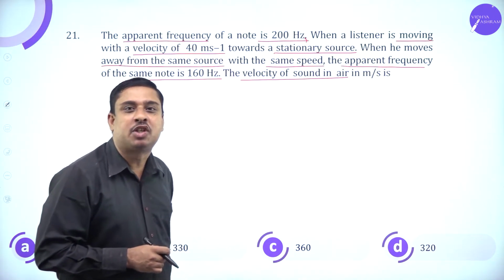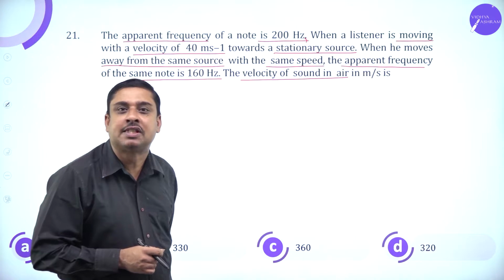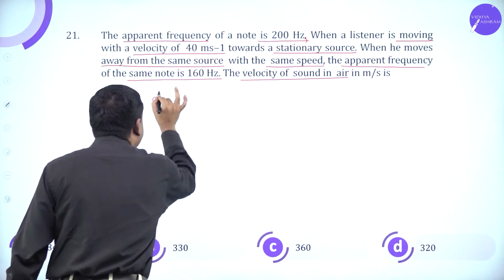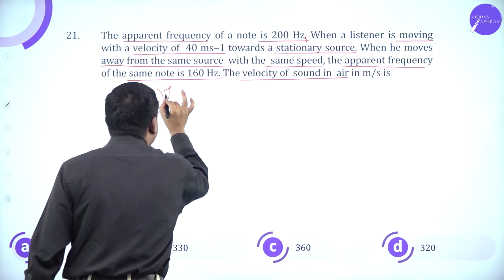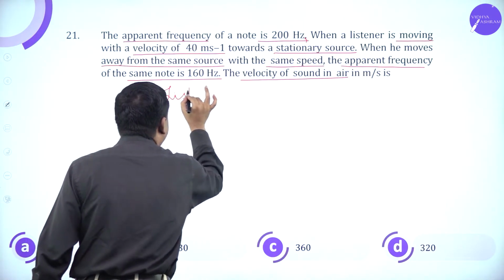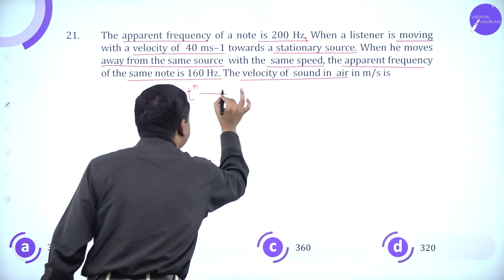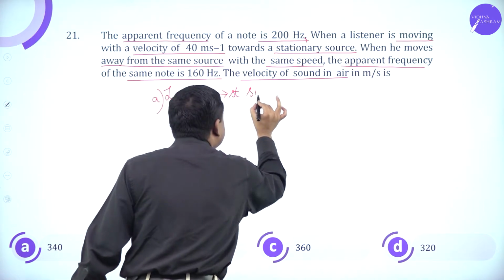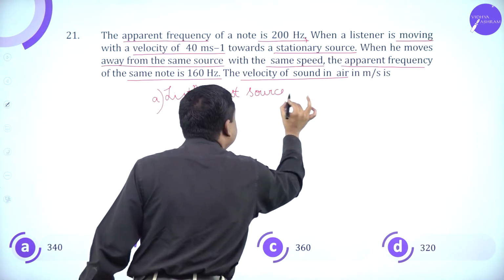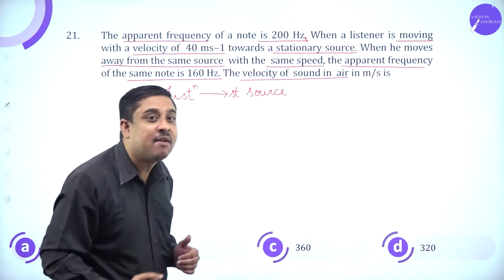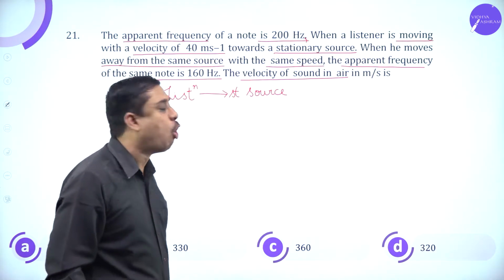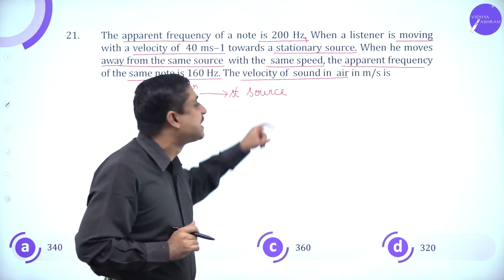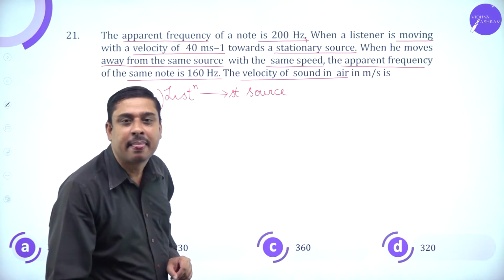I have to calculate velocity of sound in air. First case, I assume that the listener is moving towards the stationary source. Clear ಆಗಿ ಹೇಳಿದಾರಲ್ವಾ? Stationary source. So listener moves towards stationary source.